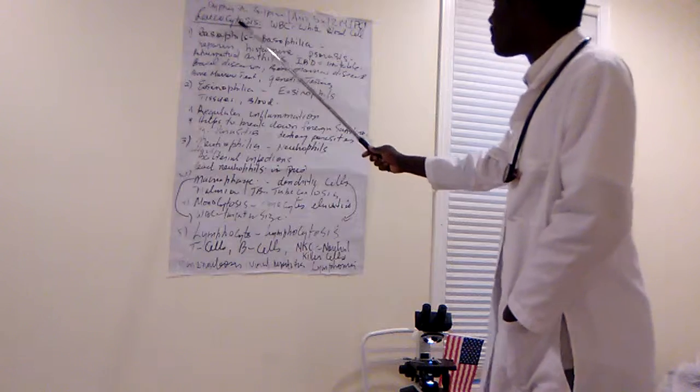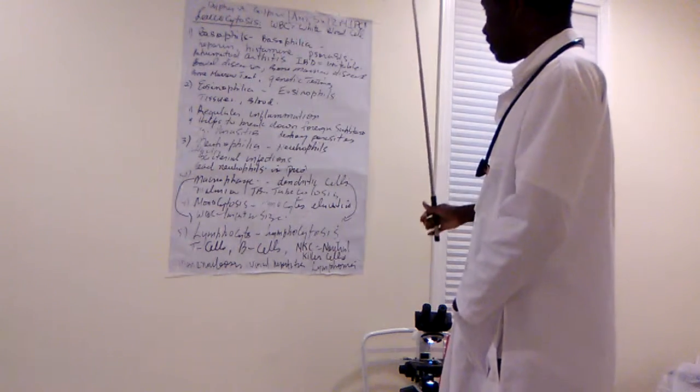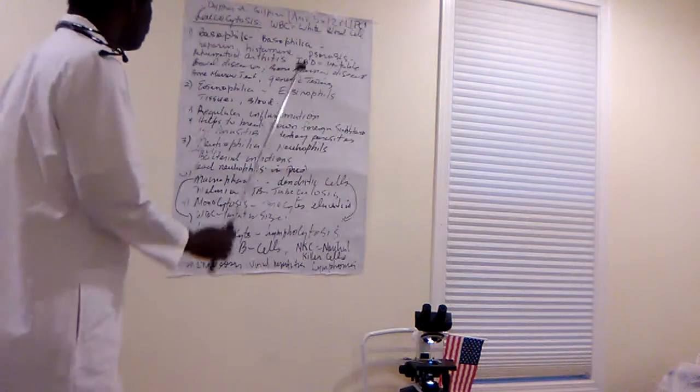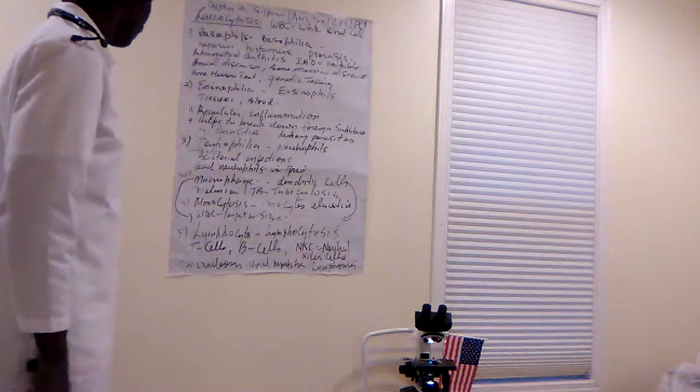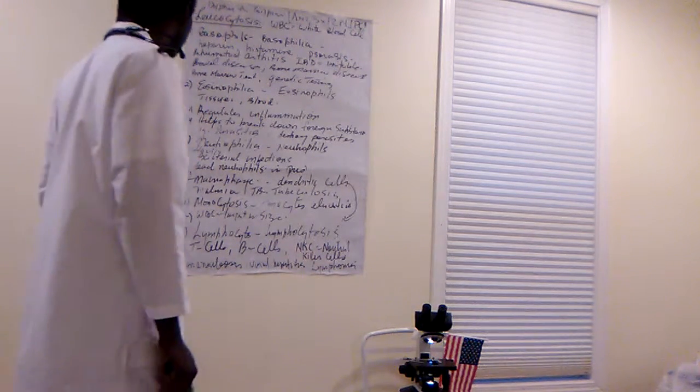So we continue with leukocytosis, white blood cells disorder, and we look at first the basophils, an elevation in the basophils called Basophilia, which are one of the types of white blood cells.